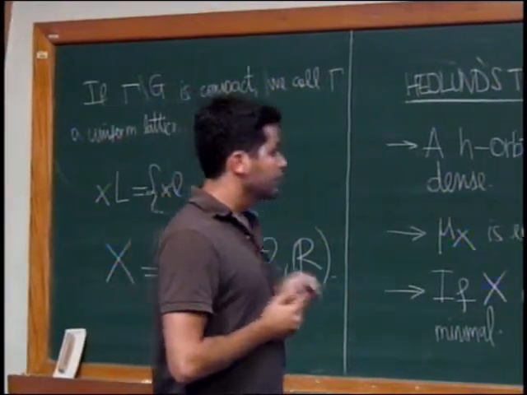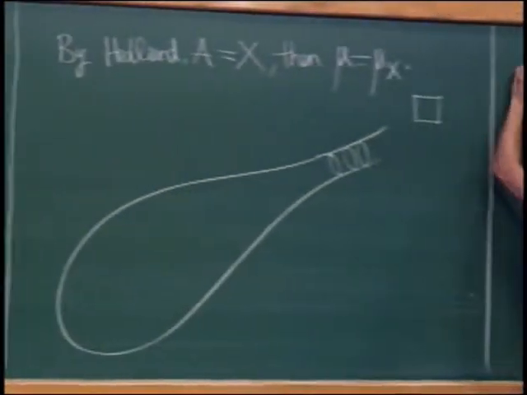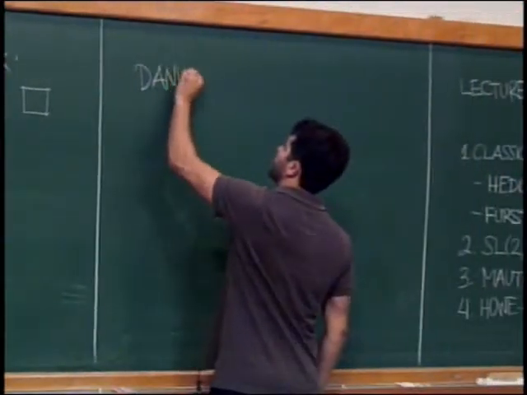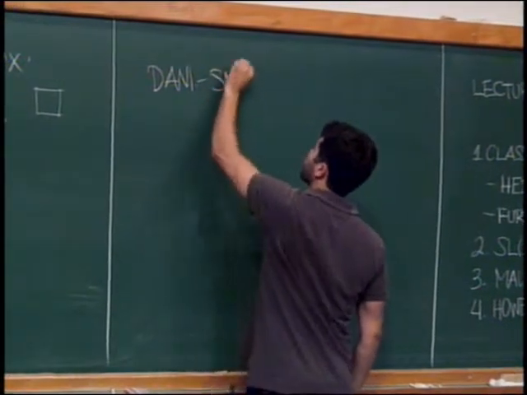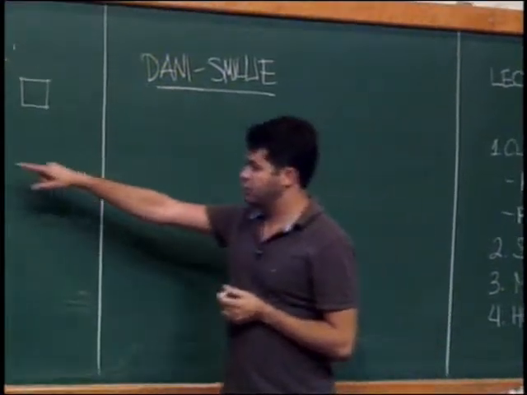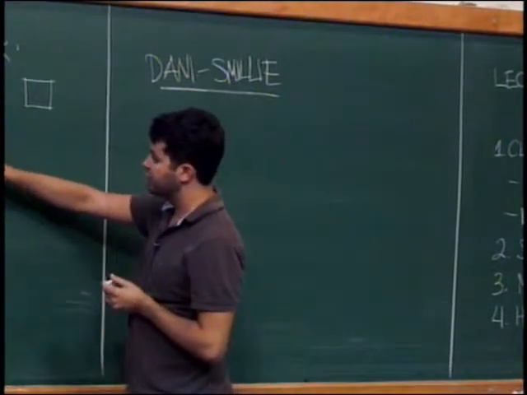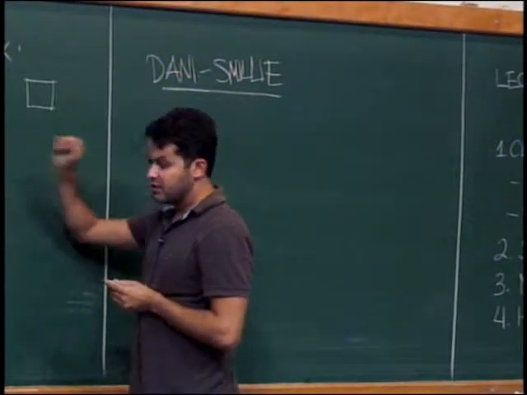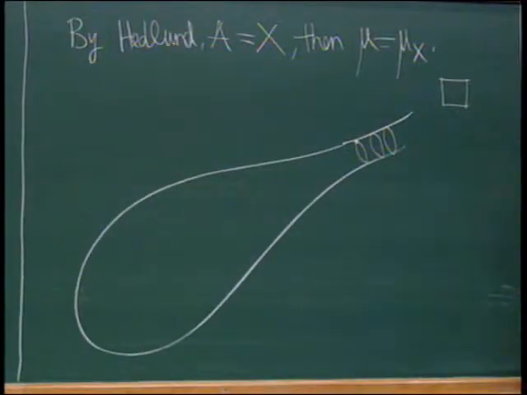So what did Dani and Smillie prove? They proved that this situation, of measures supported on periodic orbits, is the only obstruction to unique ergodicity.